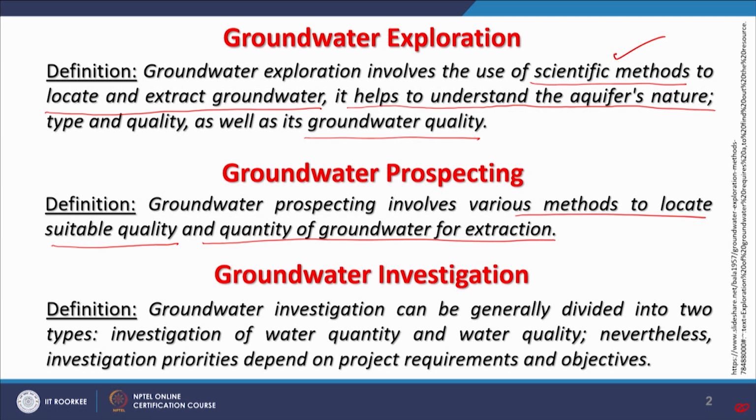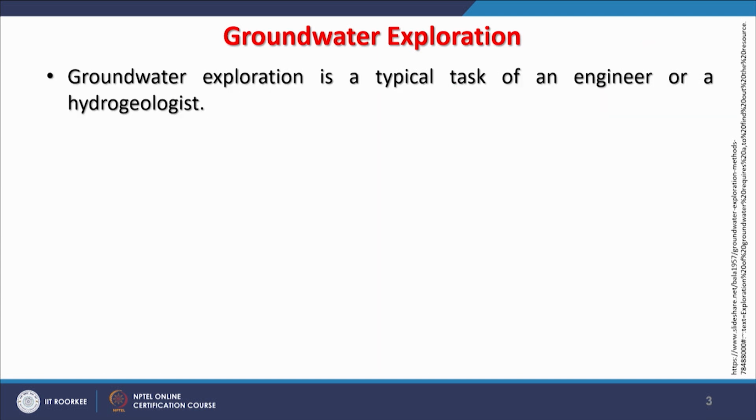One is the investigation of water quantity and the other of water quality, or otherwise investigation priorities depend on the project requirements and objectives. These kinds of terminologies are used in groundwater exploration, prospecting and investigation, but we will mostly use the term groundwater exploration.